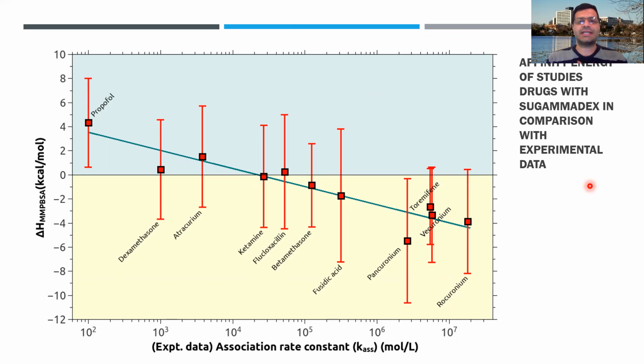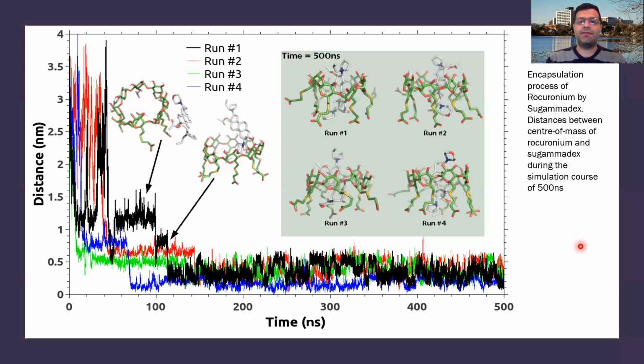We have done a 5 nanoseconds simulation for each drug, and we've calculated the change in enthalpy for each of them, and then compared them with the available experimental results from the literature, and we've got a good correlation, which has a logarithmic relation. So this is a kind of validation of our simulation, and we understood that in this way we can get more information from this encapsulation process.